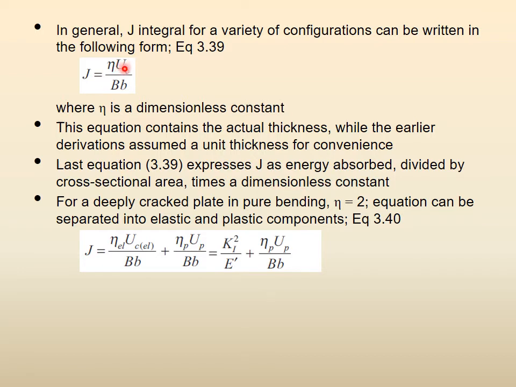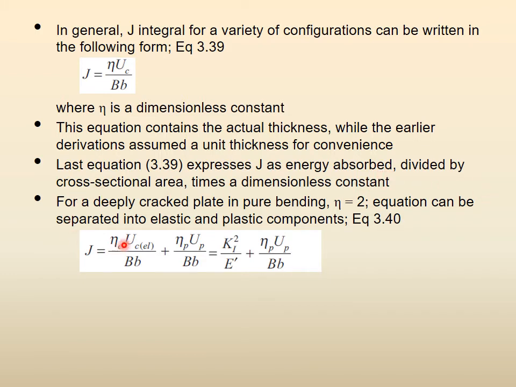The energy absorbed per unit area into a constant. It is just like, earlier, if you remember, there is a Y factor, a geometry factor, and so on. So this is a type of a factor, but J is simply the energy absorbed per unit area, which it should be. For a deeply cracked plate in pure bending, eta is equal to 2.